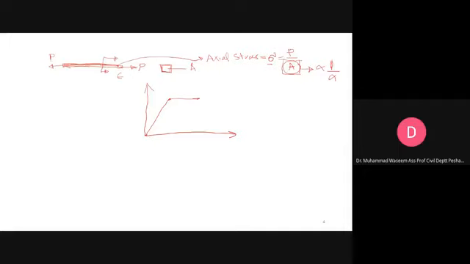Then we will have some strain hardening, and then some degradation in the strength, and over here it will rupture. On the y-axis, let's say this is sigma, and on the x-axis we have epsilon. This is the strain and this is the stress.